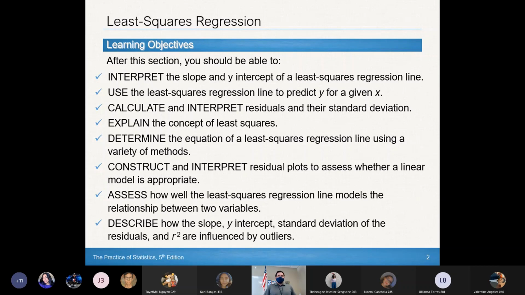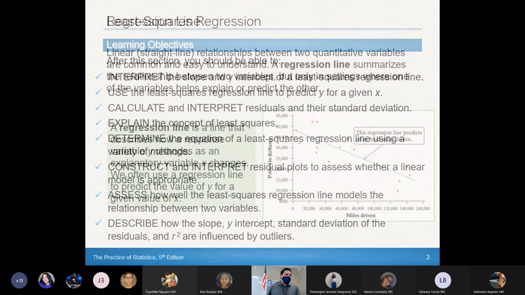Construct and interpret residual plots to assess whether a linear model is appropriate. Assess how well the least squares regression line models the relationship between two variables, and describe how the slope, y-intercept, standard deviation of the residuals, and r-squared are influenced by outliers. We will get through about half of this lesson today. So here we go.